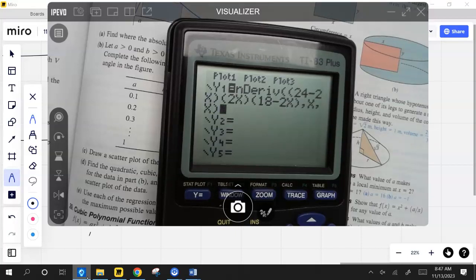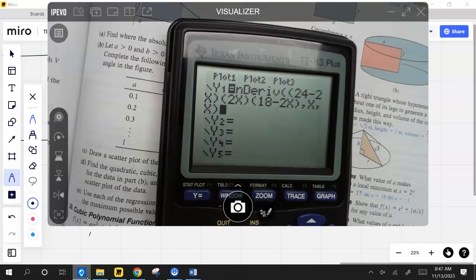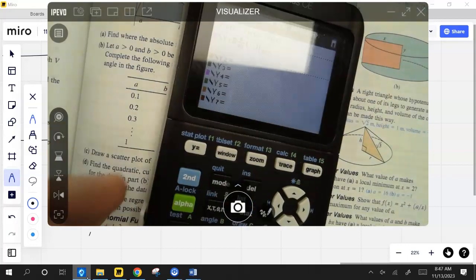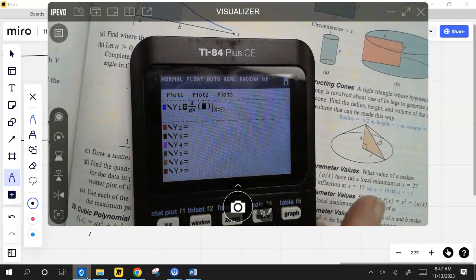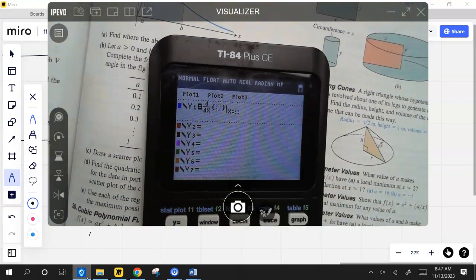You don't have that. Who's got one that looks different? Here, I'll put it up so everybody can see. If yours looks like this, terrible glare, just type the equation in here.